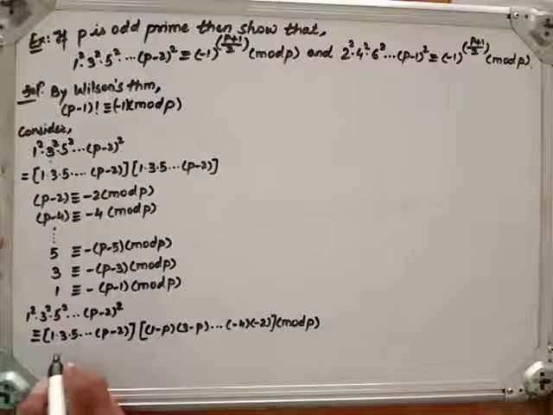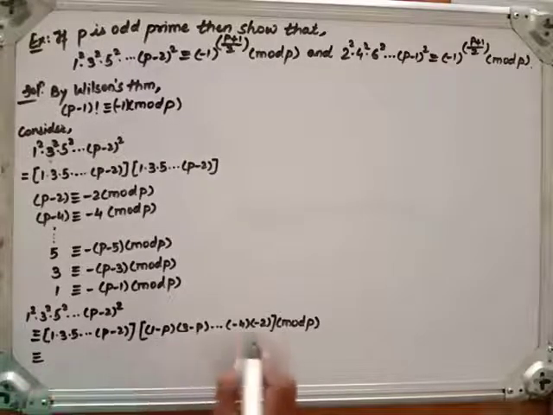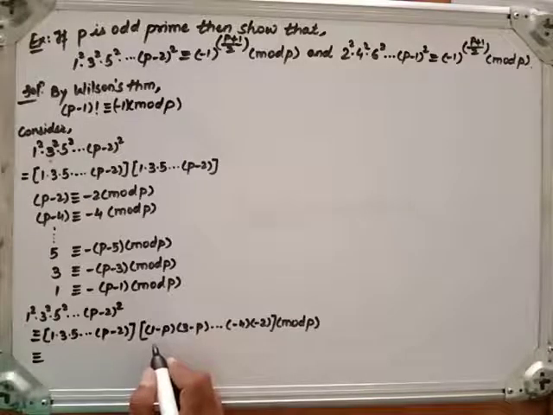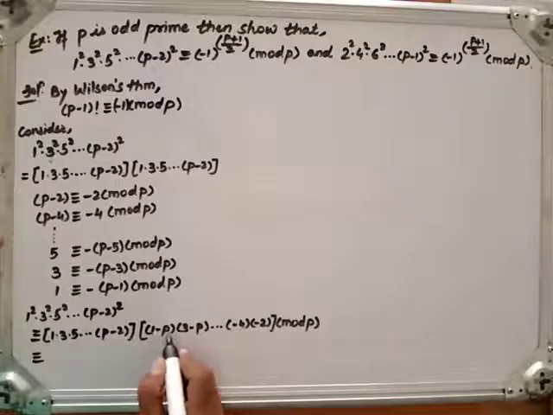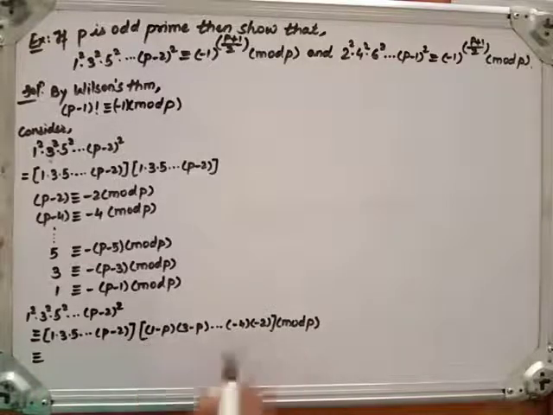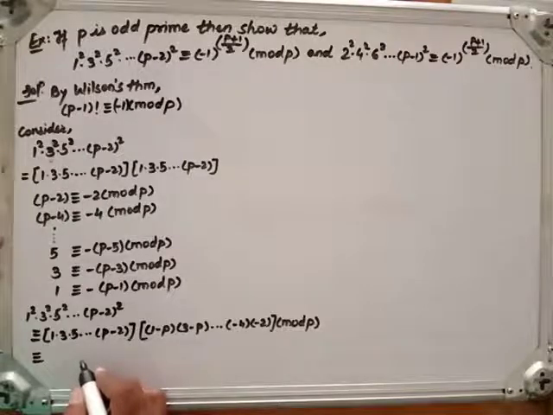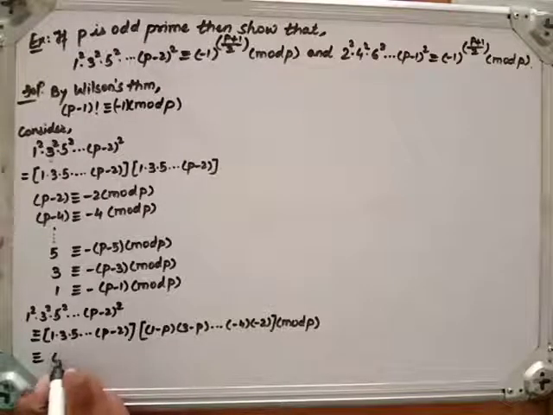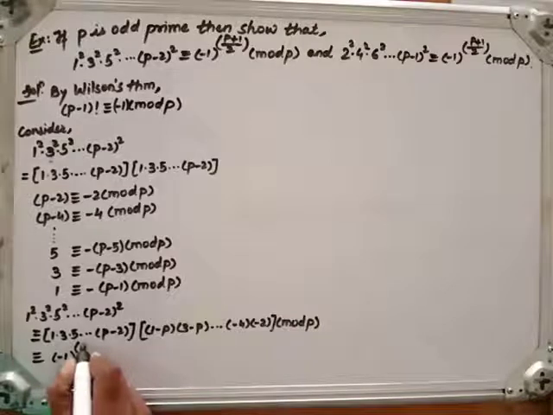If we take minus common from these, how many times will this minus come? By (p minus 1) by 2 times. These are half terms, these are also half terms. So (p minus 1) by 2 times. So this is minus 1 raised to (p minus 1) by 2.